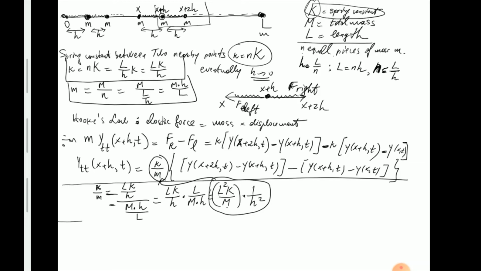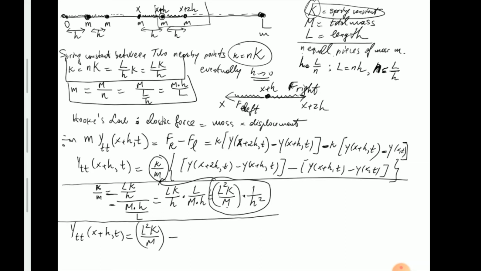So my equation so far is the second partial of y with respect to t equals L squared K over big M. This will be renamed later by a different constant.